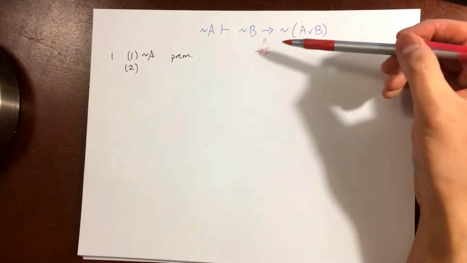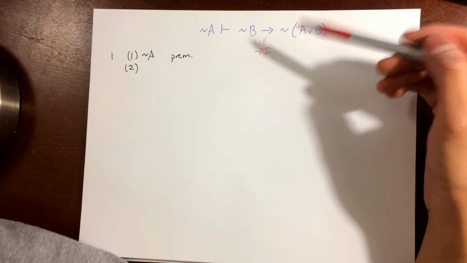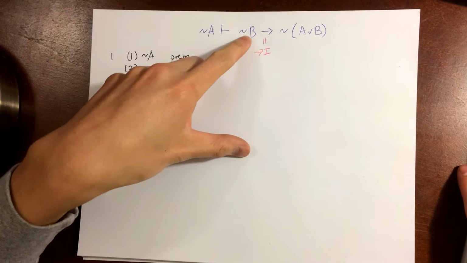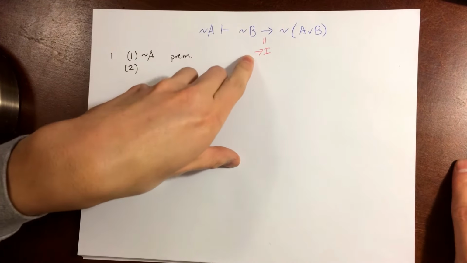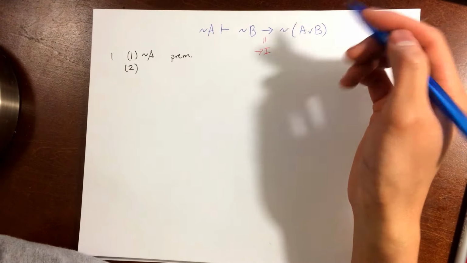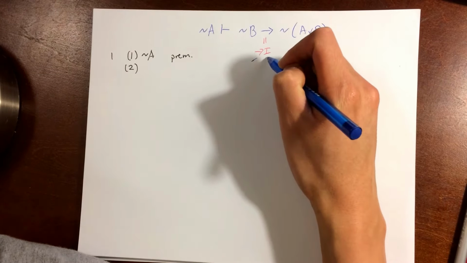If you knew that the arrow introduction rule produces conditionals, you could say that in order to make this formula, you would apply this rule. And then, of course, you'd have to refer to 2 lines in order to use this rule.